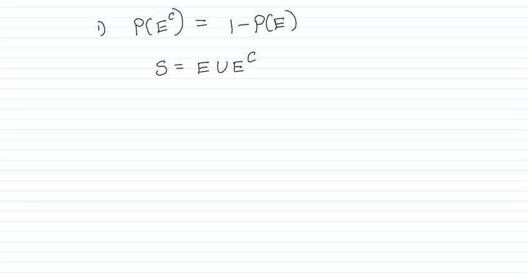So I'm just writing the entire set S in terms of E and its complement. If you take E and its complement union, then definitely you get S only. And we know one thing: E intersection E complement is empty. It means that E and E complement are mutually exclusive.